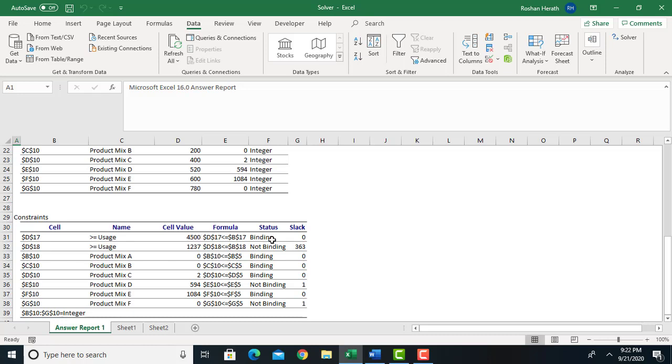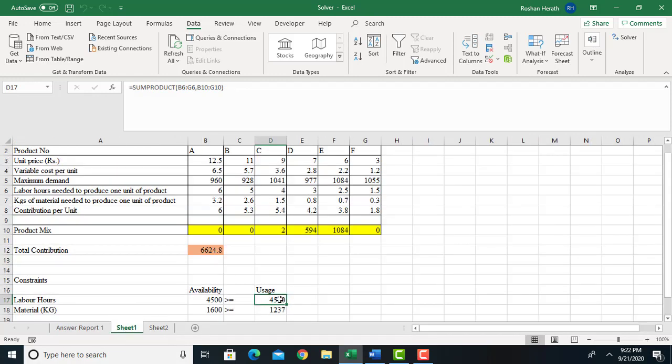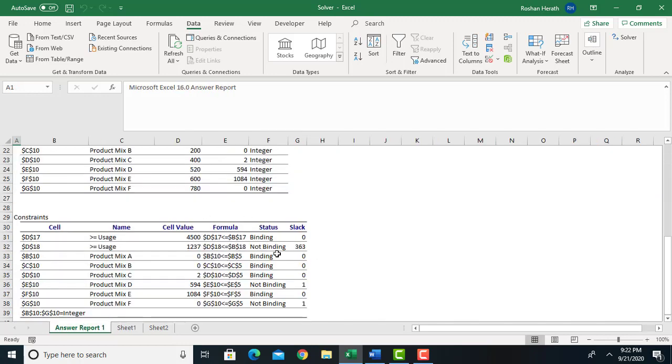If you had some labor available, you could have gone for a greater profit. But here the labor availability was 4,500 and you have used it to the fullest. So therefore it's a binding constraint. It's a constraint that will hinder your profit potential. So therefore it is called binding.